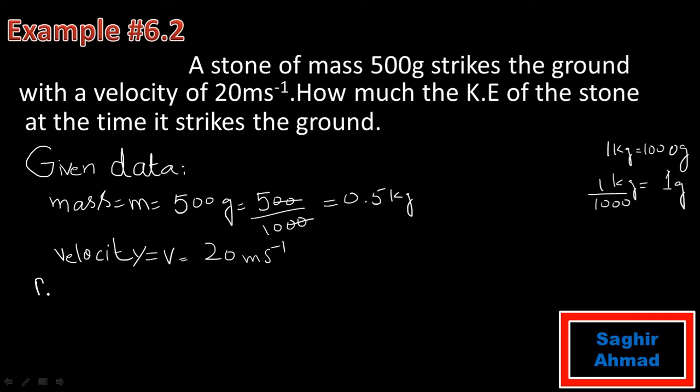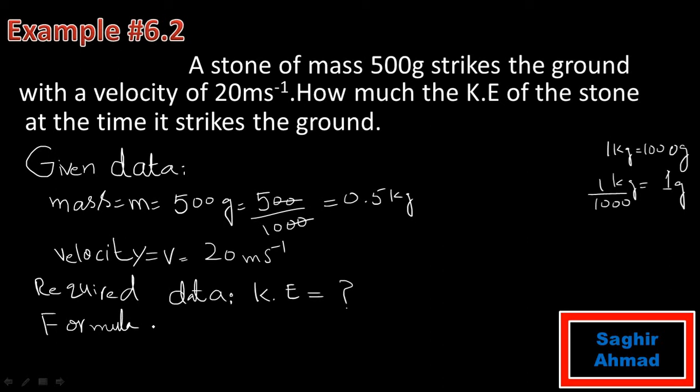So the required data is kinetic energy, and we have to find it. We know that the formula of kinetic energy, that we learned in the chapter, is kinetic energy equal to 1/2 mv square.